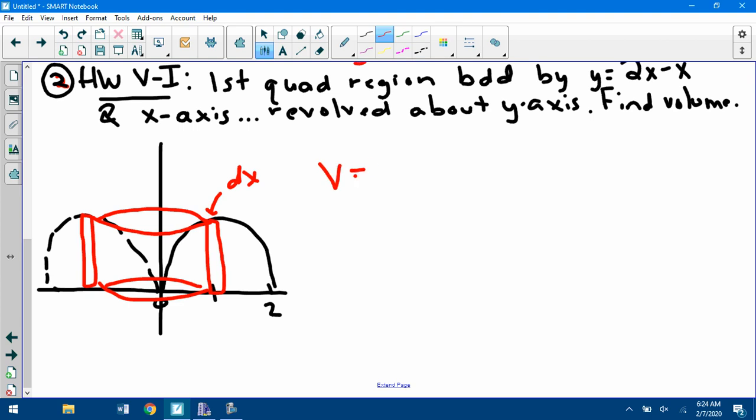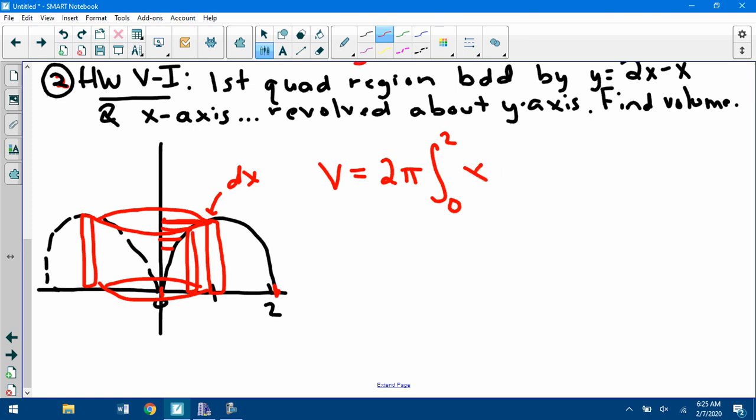So my volume would be, it's a shell, so what goes out front? 2 pi times the integral from, we're using dx's, so we're using our x values, again, 0 to 2. What's the radius of the shell? Well, again, I'm going out any x value that I feel like. I can pick your favorite x value and you can find another rectangle.